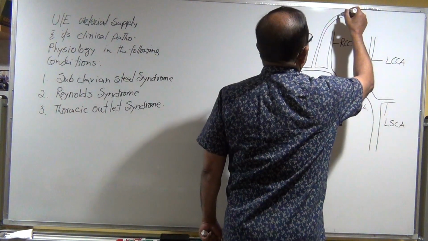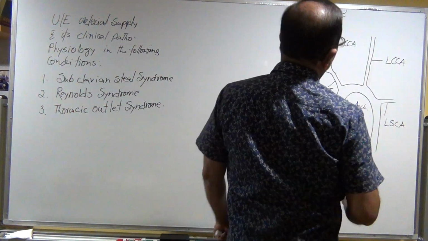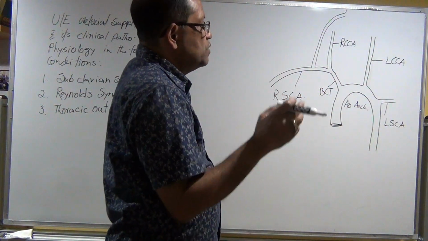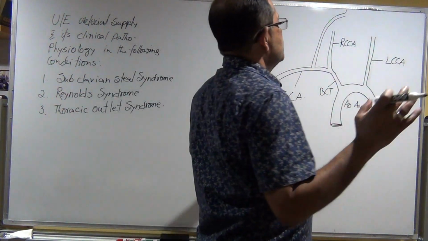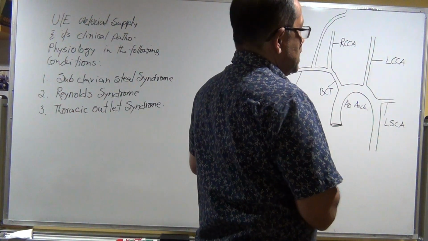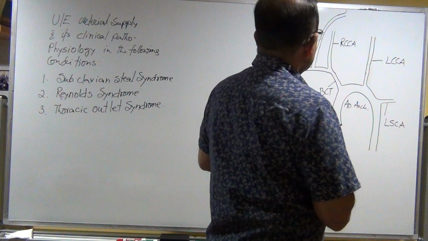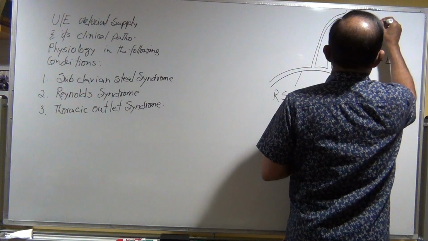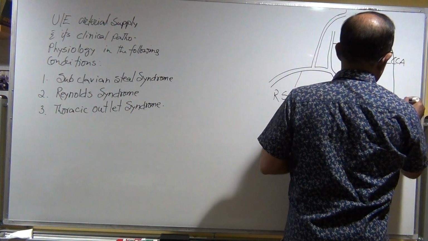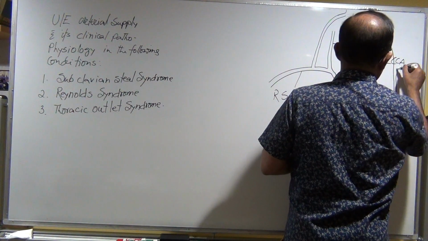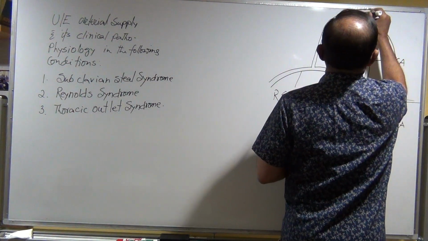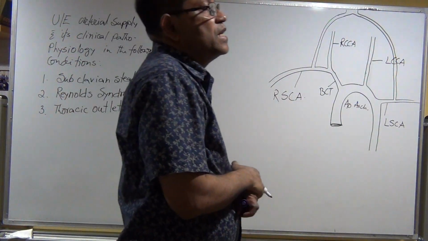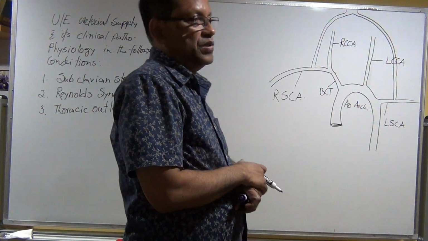Okay, this vertebral artery, as we discussed before, on the right and left side, they join together and form the basilar artery. So from both sides the vertebral arteries arise and they join together and take participation in the circle of Willis.